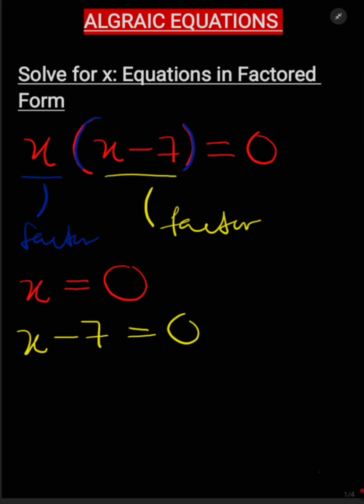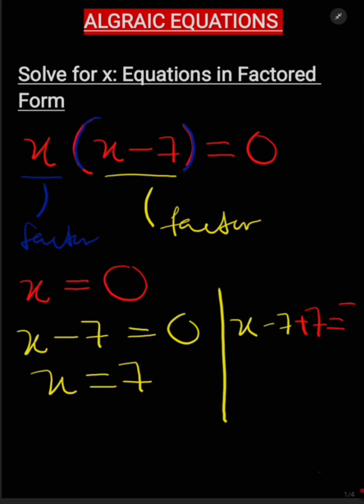But you can notice that x minus 7 equals 0 is already a linear equation. And how do you solve this? Well, you can simply take the minus 7 to the other side. It becomes 7. Alternatively, you might want to say x minus 7 plus 7 equals plus 7.